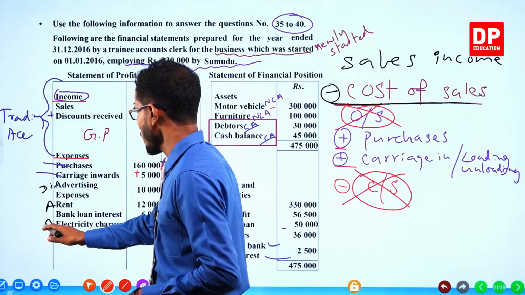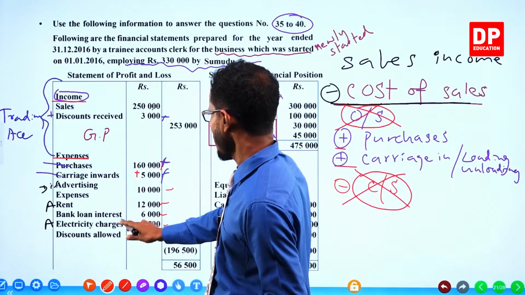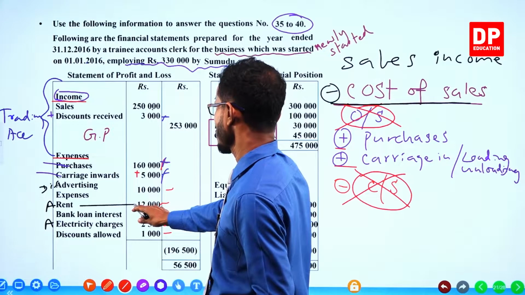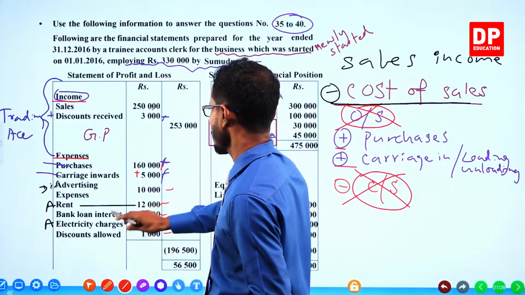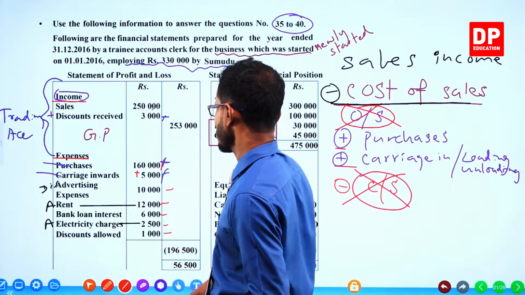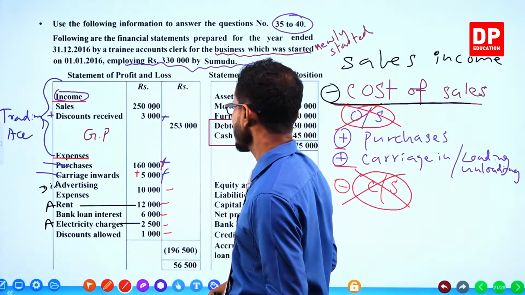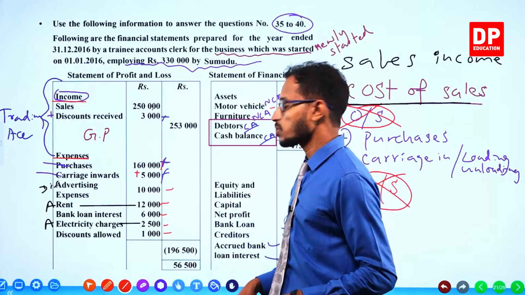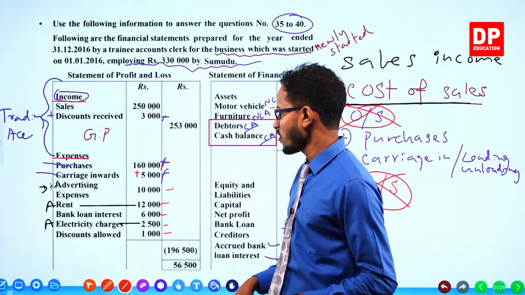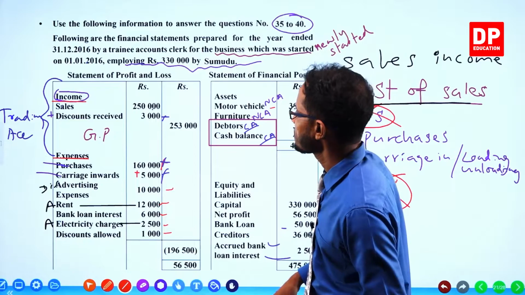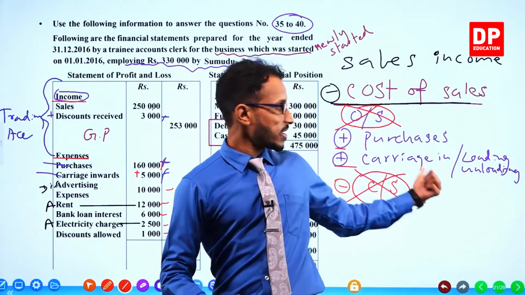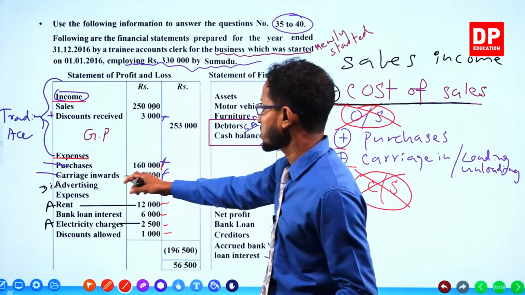So we have only two admin expenses. Rent 12,000 and electricity 2,500, which is 14,500. Only those two, right? Purchases we can't take, since we already took purchases and carriage inwards for cost of sales.